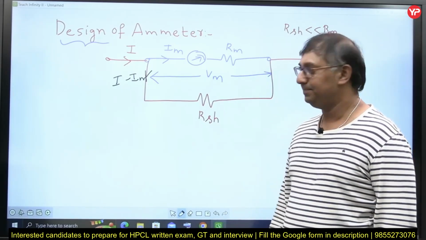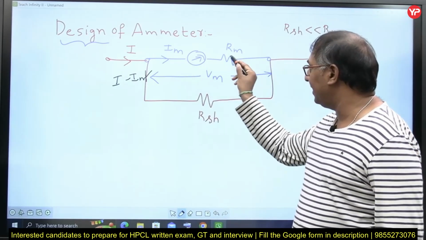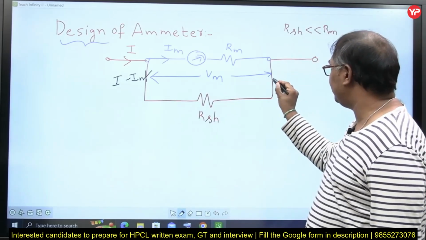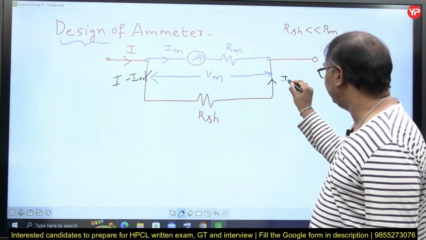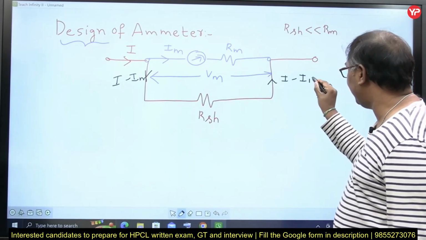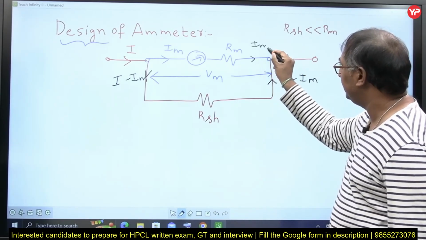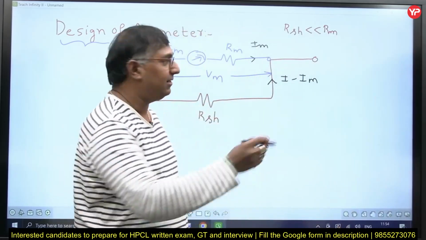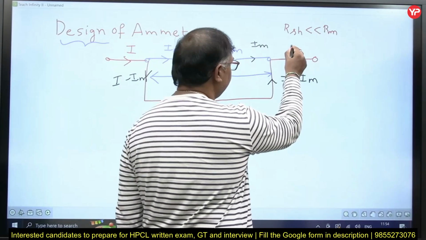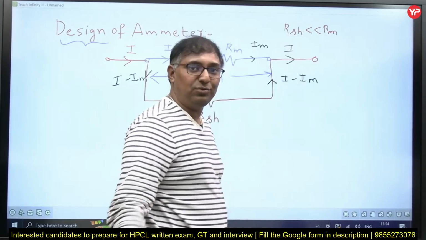Simple KCL. Now IM is coming like this, I minus IM coming like this. What is this current, sir? I minus IM. What is the current here? IM. Now total current adds to what, sir? I. Total current adds to I.